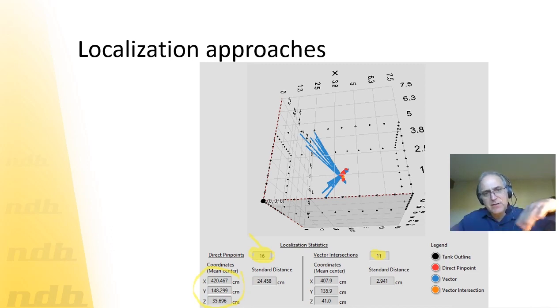And it's not the same color. You see the color over here? This is the defined color for the pinpoints and the crossing vector points. It's similar, but not identical. So I get two sets of coordinates. They are within the same range.